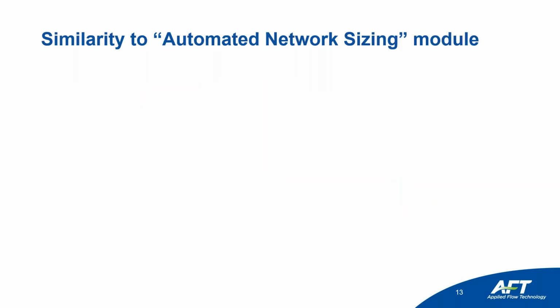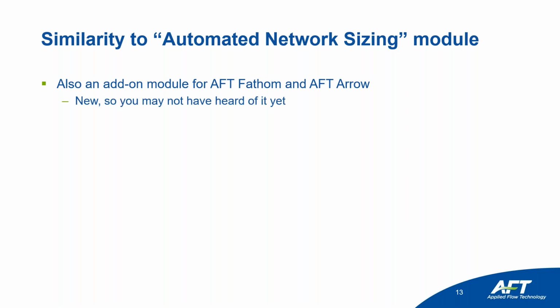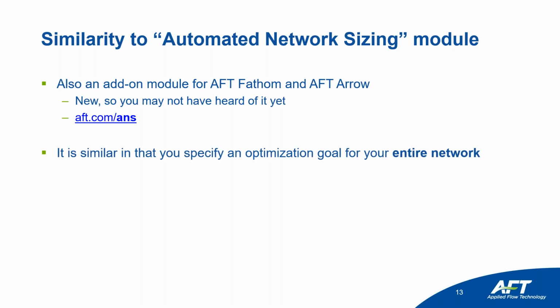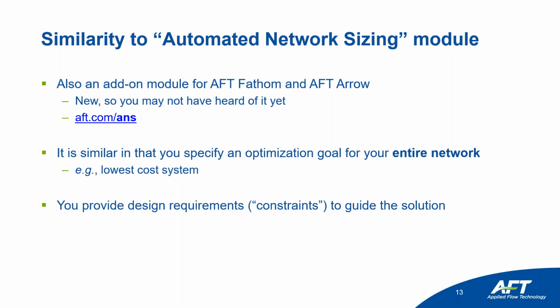GSC is very similar to ANS in that you have a desired output and you vary something to get it. But I want to give a little plug for ANS since it's a new module and you may not have heard of it yet. Again, it's the same add-on idea for AFT Fathom and AFT Arrow. It works for both, okay? You can visit the website to learn more. But again, it's brand new and it's even more powerful than GSC in that you can specify an optimization goal for your entire network, like having the lowest cost system, lowest weight system, what have you.